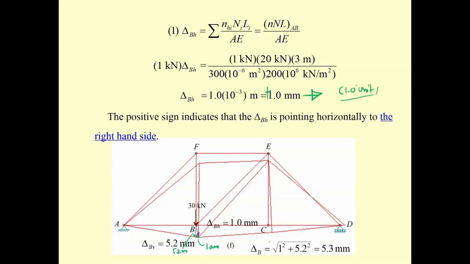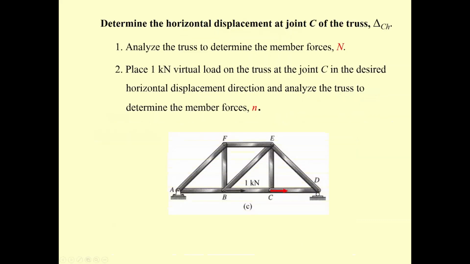Now, if I prefer to determine this deformation, delta C sub H, do the same thing. Just take this one, delta C sub H. Put 1.0 over here, and this is going to be the unit load. Capital N sub I is going to be the same.